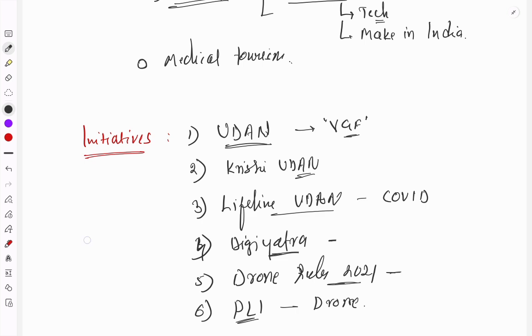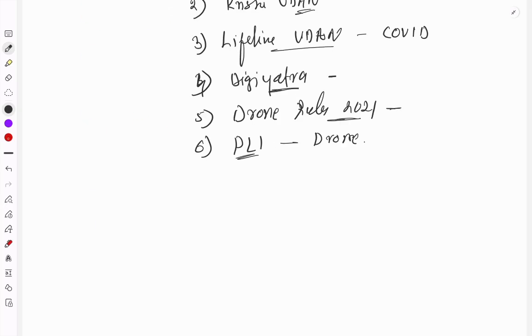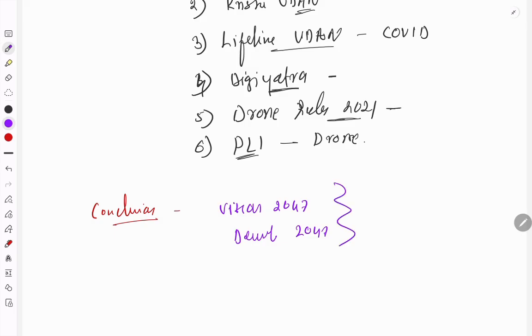So in the conclusion, we can link this particular topic with Vision 2047, as well as our developed country vision by 2047. Because aviation is a high valued sector which creates high value skilled jobs, as well as it is important for our capital expenditure segments.